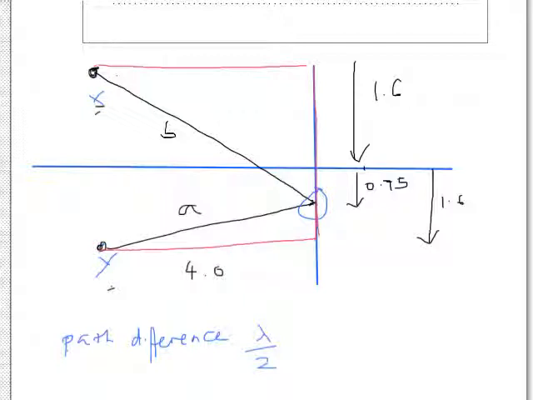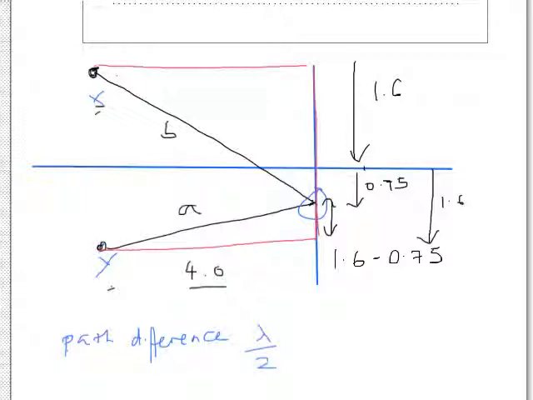So if we work out those distances, let's start with line A. We have a distance 4 along here, and this distance here will be 1.6 minus 0.75. So that distance is 0.85.